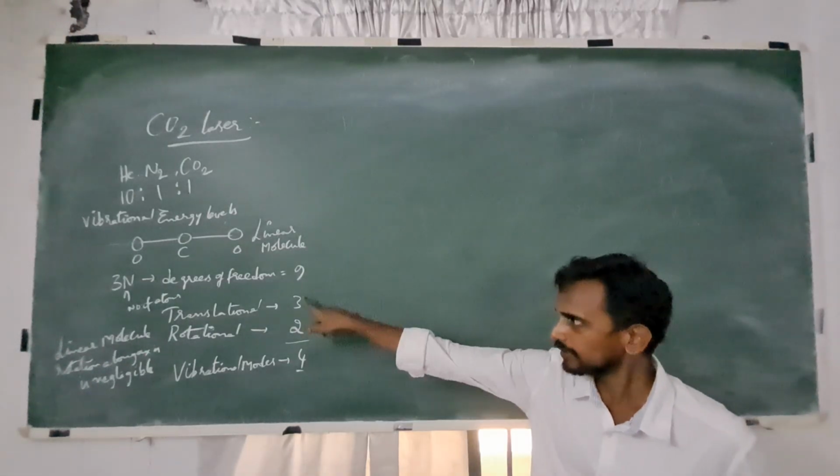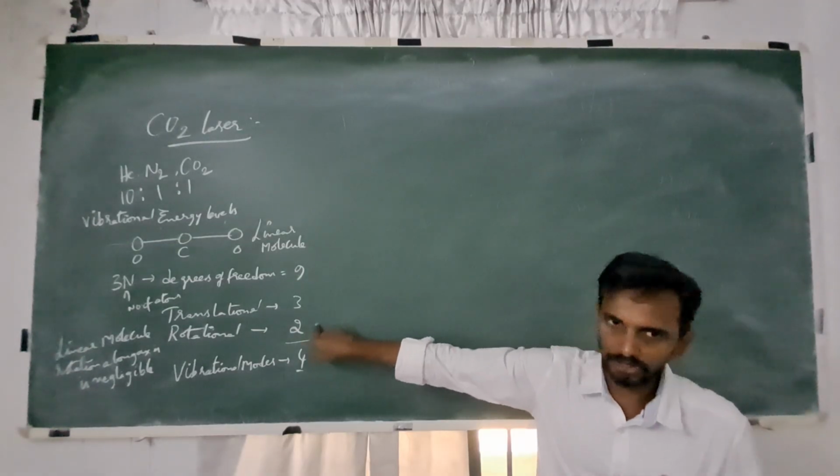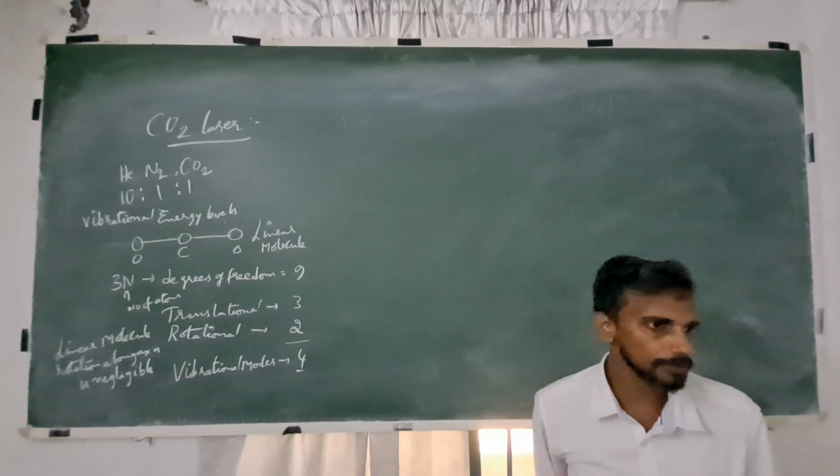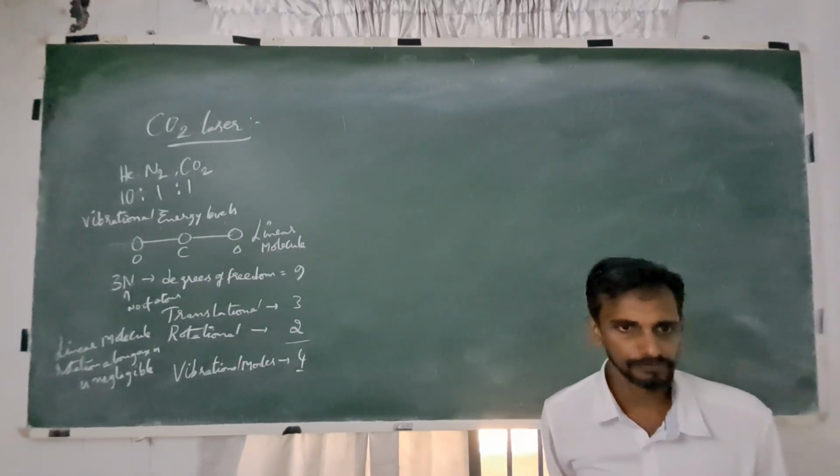So total 9: 3 are translational, 2 are rotational, and the remaining 4 are vibrational degrees of freedom.